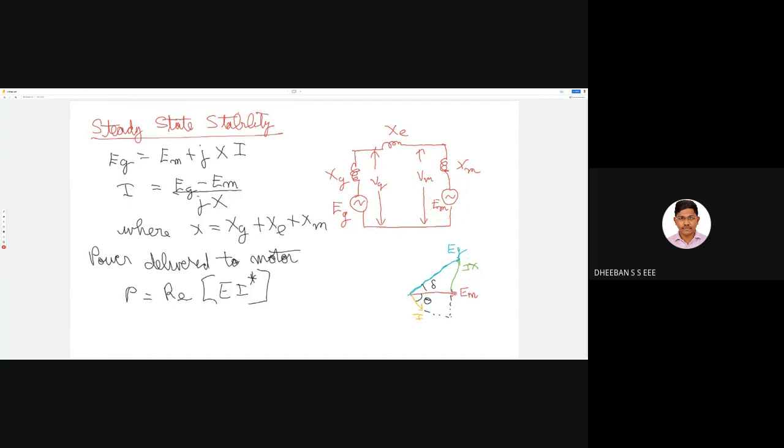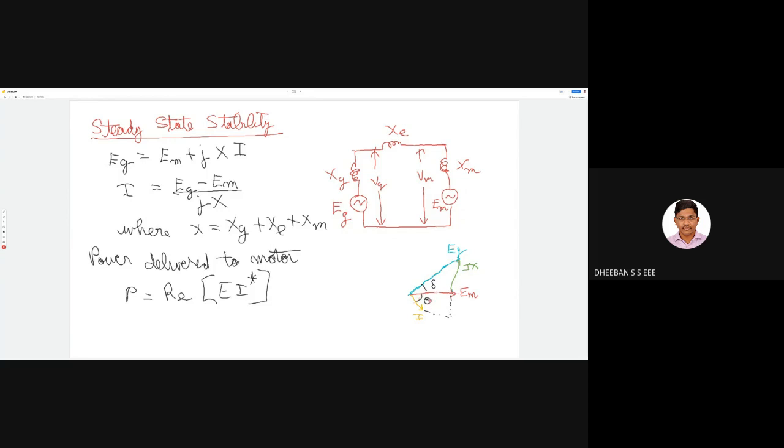And this EM we will generally consider to be inductive. As you know, more than 75% of the industrial load will be inductive, so that the current will be lagging behind this voltage.